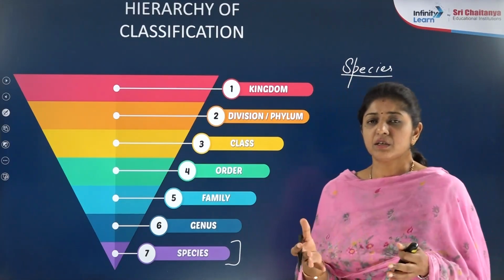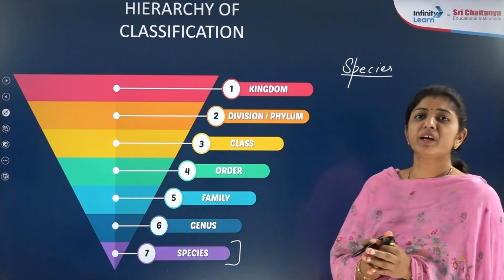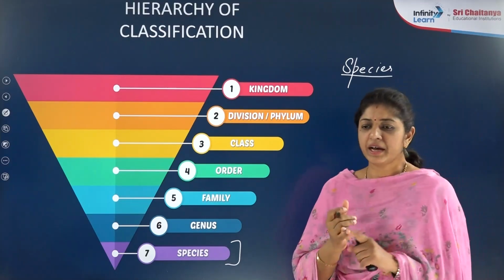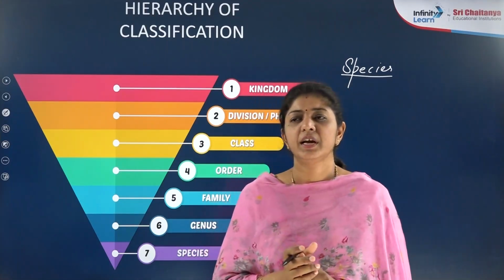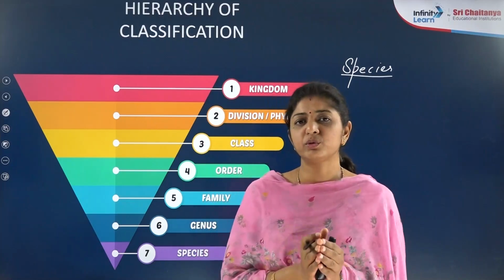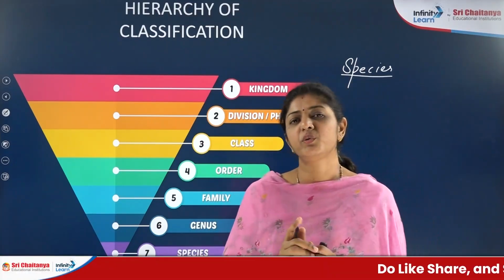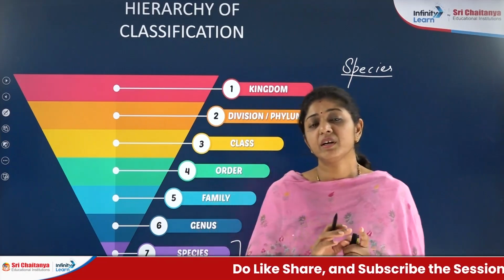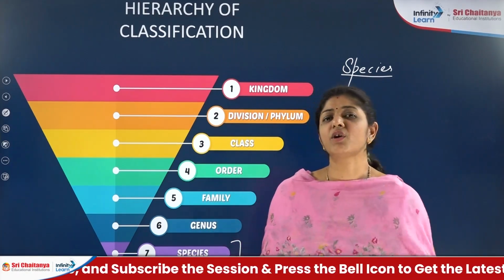Can I say this is a group of related organisms which have fundamental similarities? And if I talk in the context of the definition of species, it should be that much closely related that if they reproduce, then they should give fertile young ones. This is very important to understand, right? If they are giving infertile young ones, then they are not the same species.